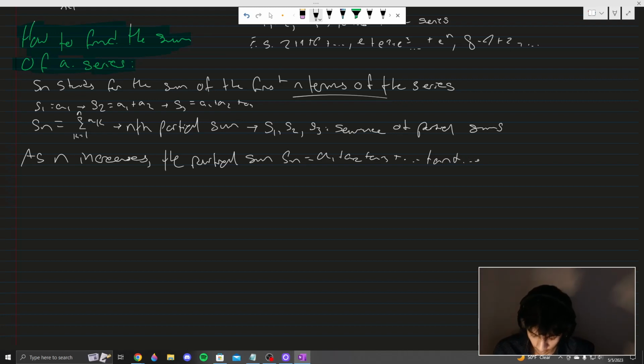Okay, and it includes more and more terms of the series. So if S sub n approaches a limit as n approaches infinity, then the limit is most likely the sum of all the terms in the series, and we call that convergence.